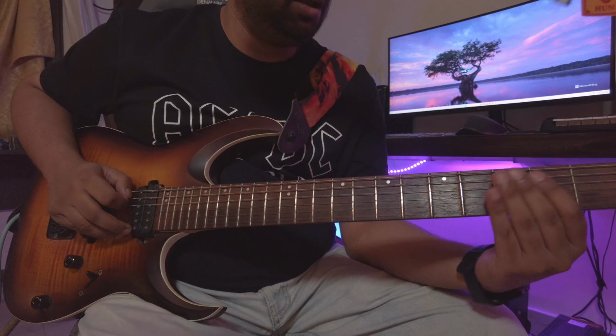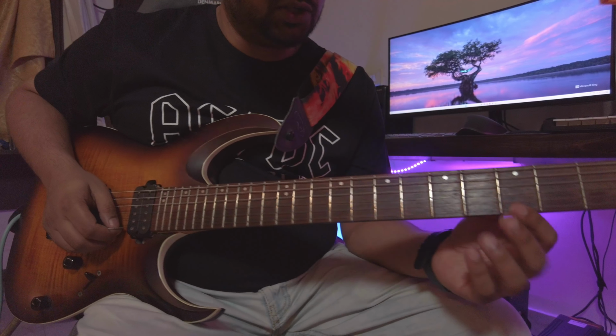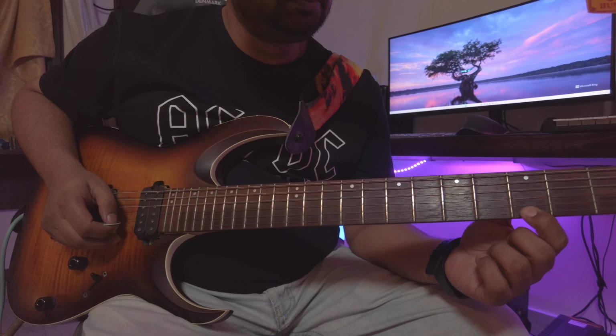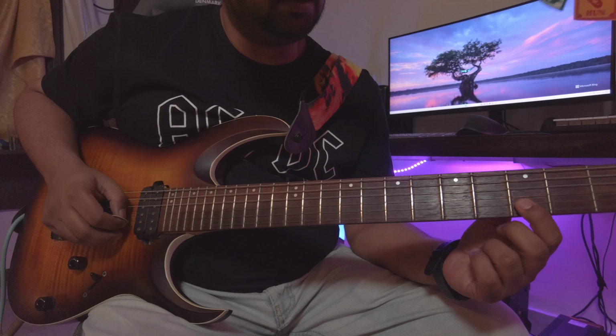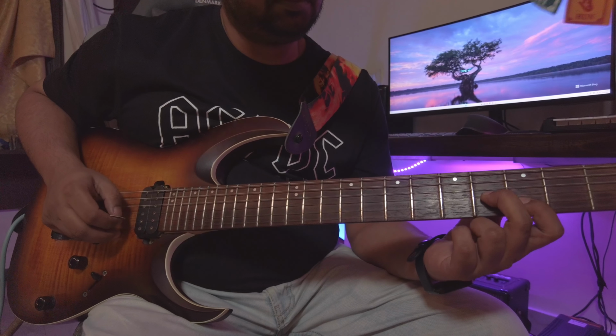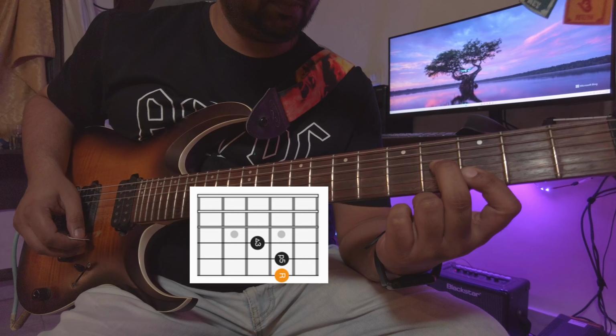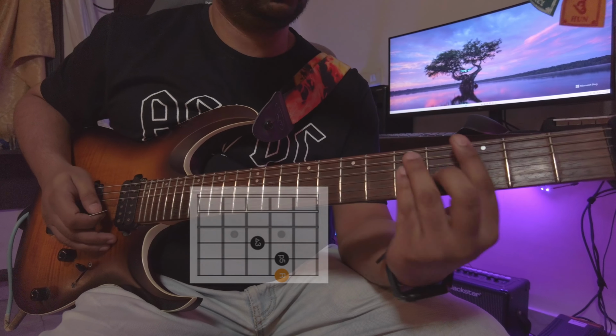So, considering a G major chord has 3 notes, G, B, and D, the fifth is going to be the middle note, the major third is going to be the lowest note, and the root is going to be the highest note. So this is where the G is, and this is where the D is, and this is B. So this shape is your G major, second inversion.